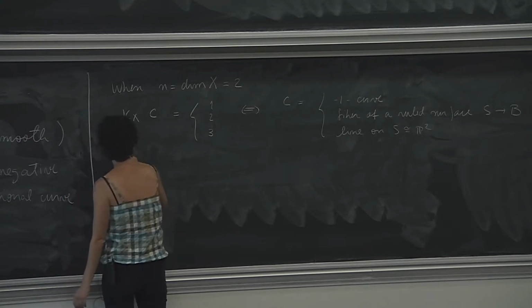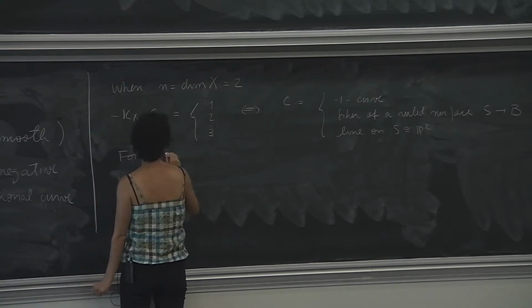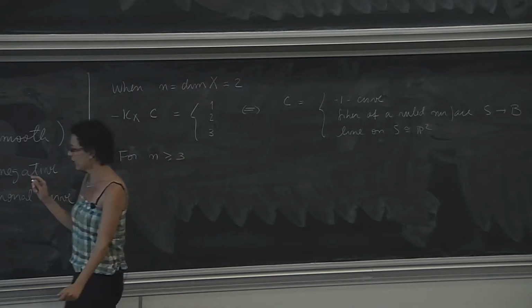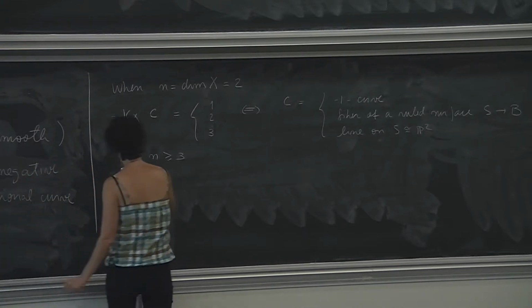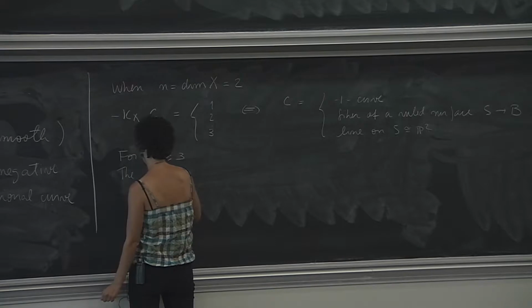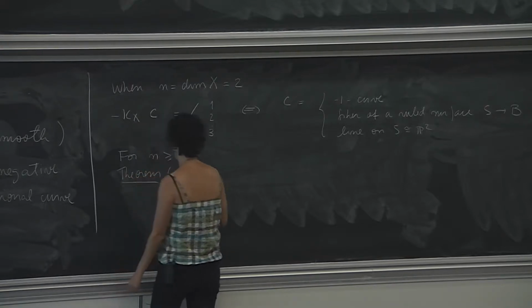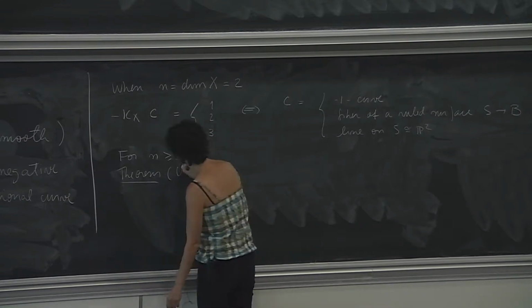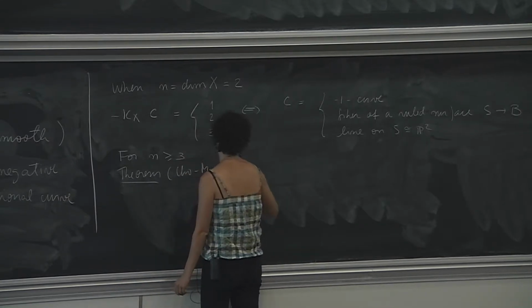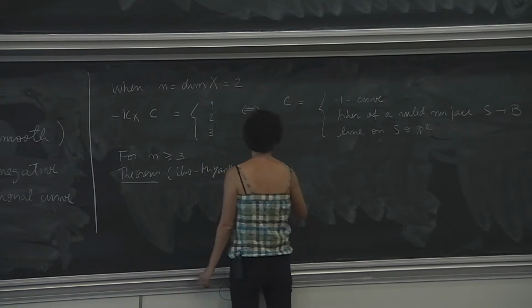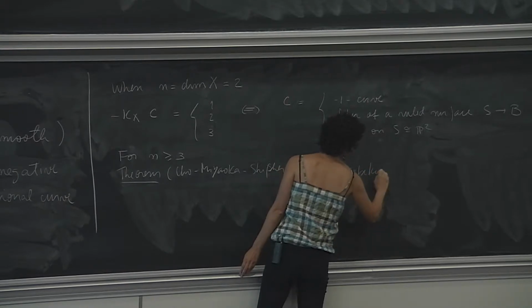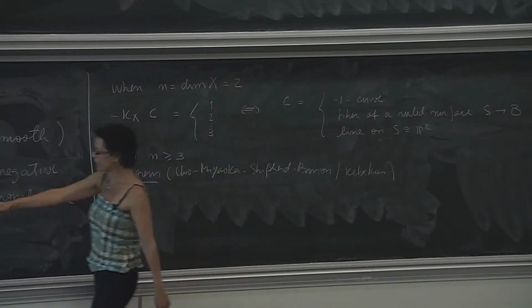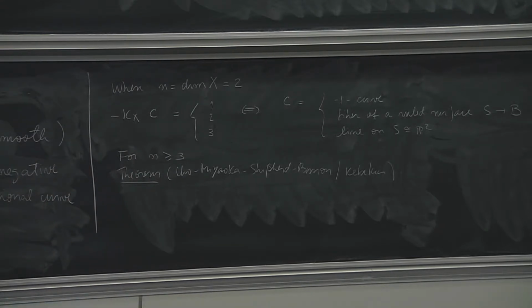For dimensions n greater or equal than 3, it is not a trivial result, but it follows from a theorem of Cho, Miyaoka, Shepherd-Barron, reworked by Kebekus, that again the largest extremal ray can only occur for P^n.